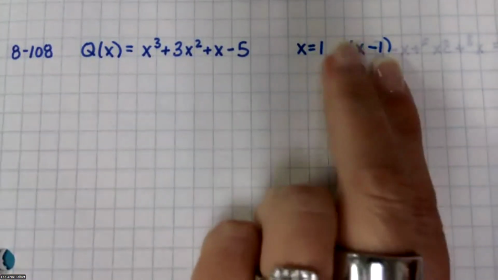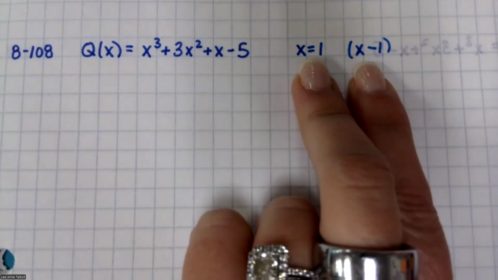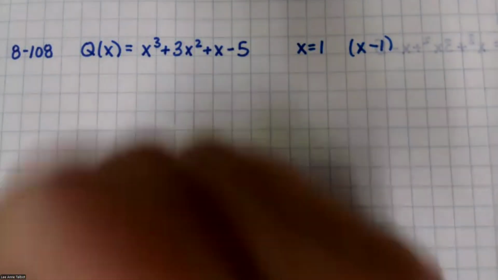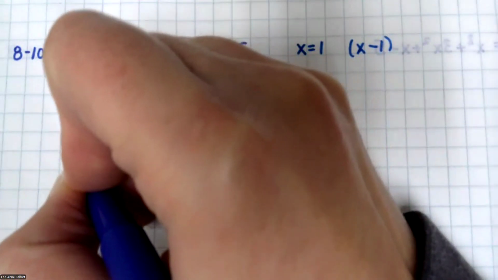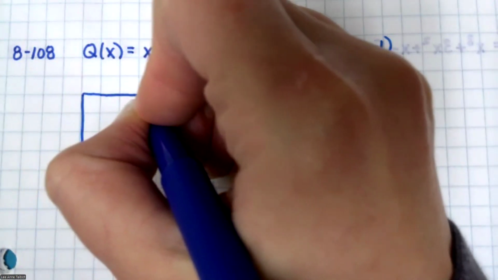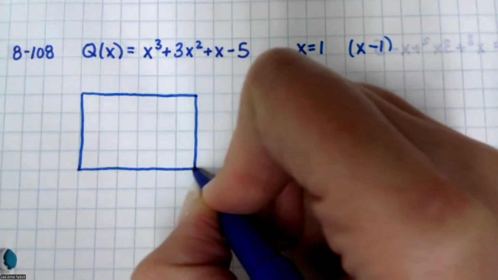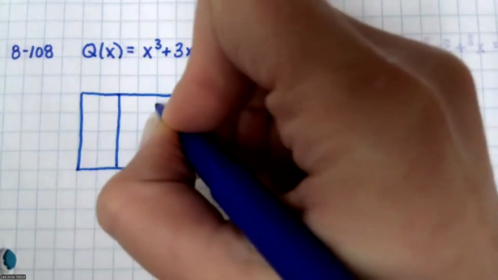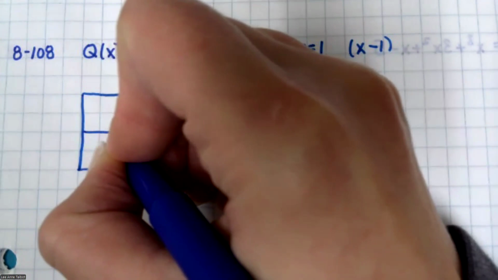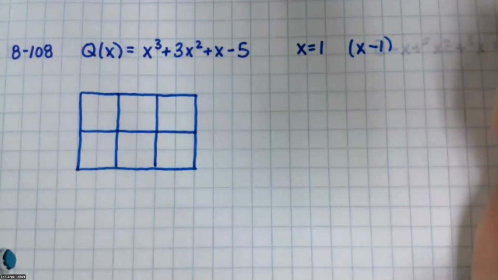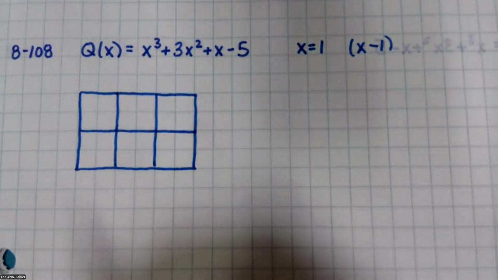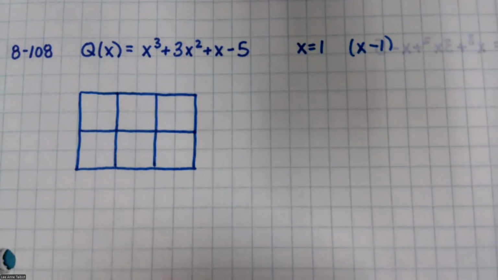Everybody clear about where I got this from? Okay, I'm going to set myself up a 3 by 2. Maybe we can use this problem to test our conjecture about where the bump is.